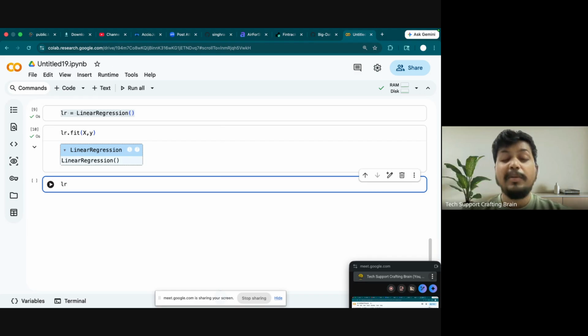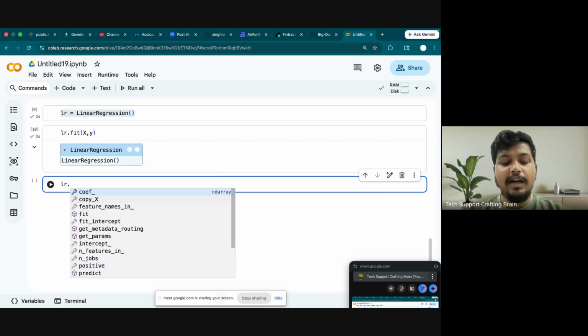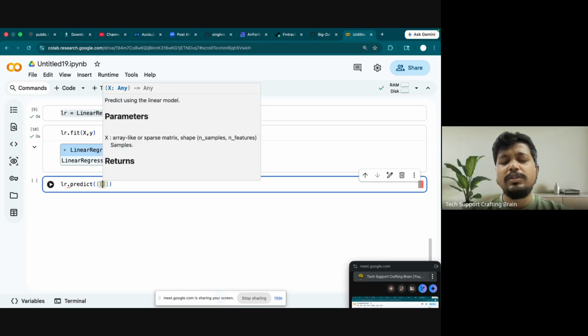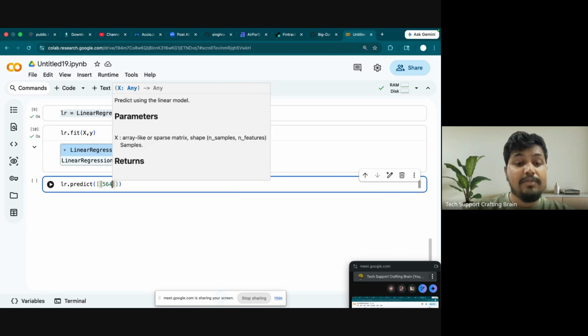If I want to make a prediction, I use lr.predict, and inside this I simply need to give some trailer views. Suppose my trailer views is 5,64,960.